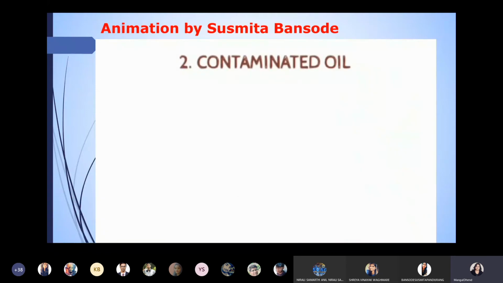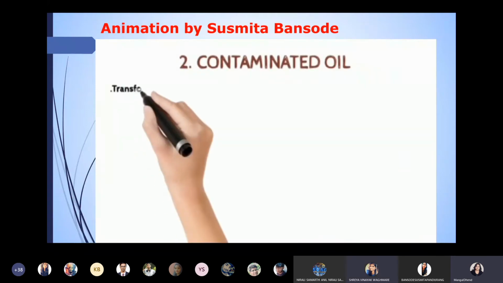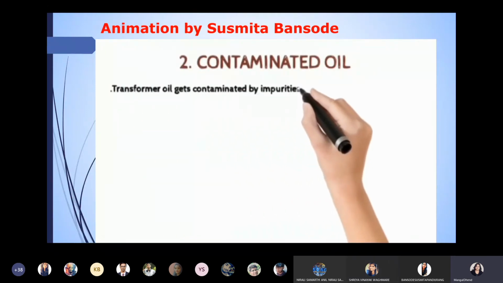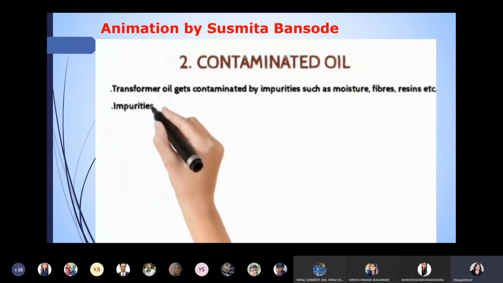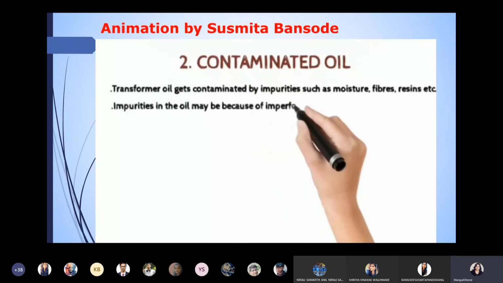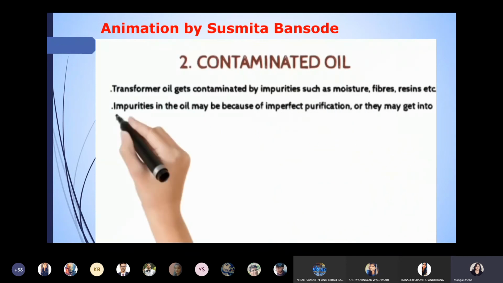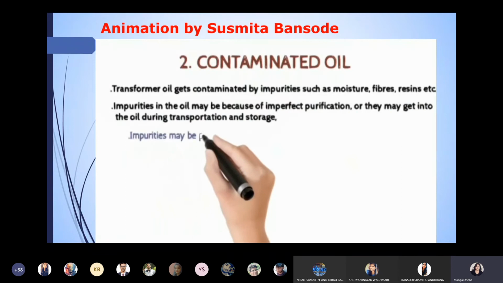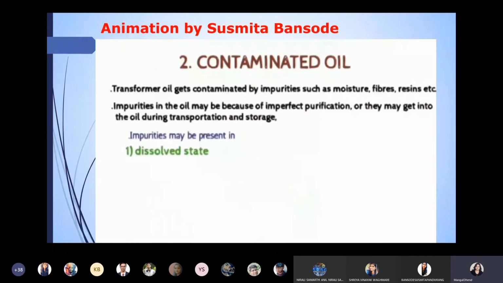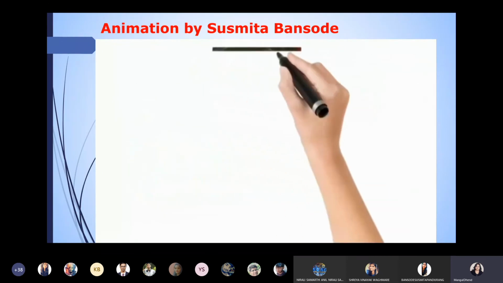Second is the contaminated oil. The transformer oil gets contaminated by impurities such as moisture, resins and fibre. Impurities in the oil may be because of imperfect purification, or they may get into the oil during transportation and storage. Impurities may be present in dissolved state, suspended state, or deposited on the bottom of the tanks.